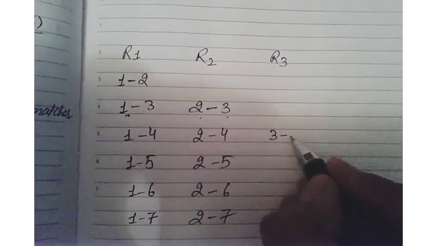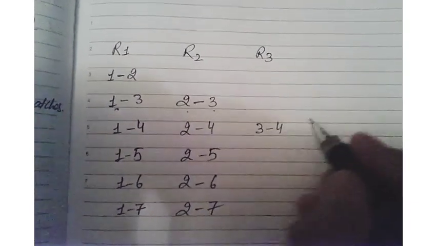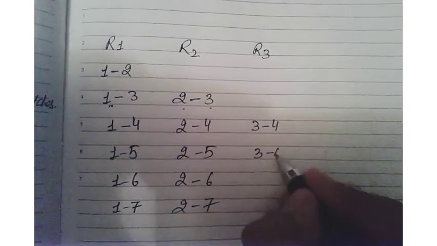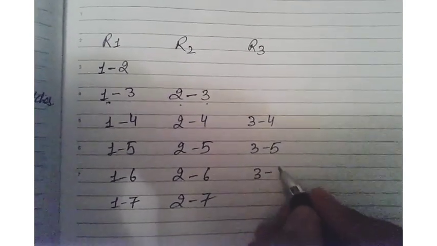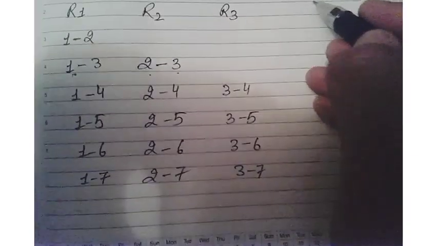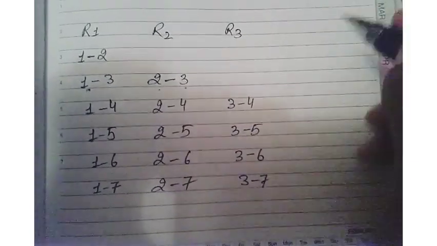Then here will be the matches between 3 and 4, 3 and 5, 3 and 6, and 3 and 7, right?